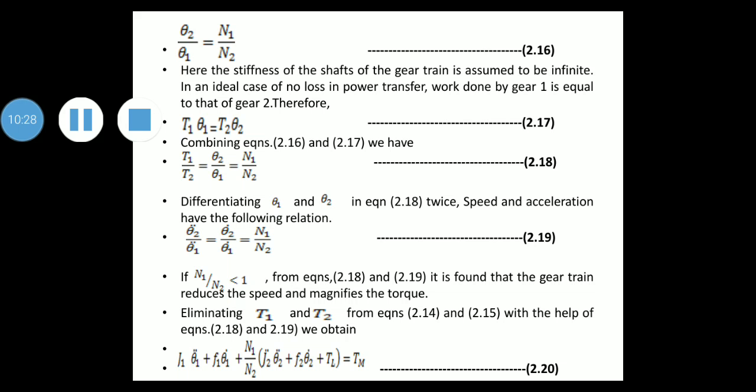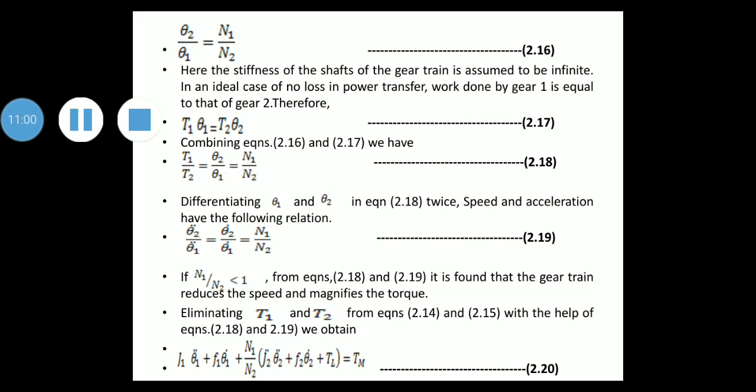Then eliminating T1 and T2 from equations 2.14 and 2.15 with the help of equations 2.18 and 2.19, we obtain J1 theta 1 double dot plus F1 theta 1 dot plus N1 by N2 into bracket J2 theta 2 double dot plus F2 theta 2 dot plus TL is equal to Tm.